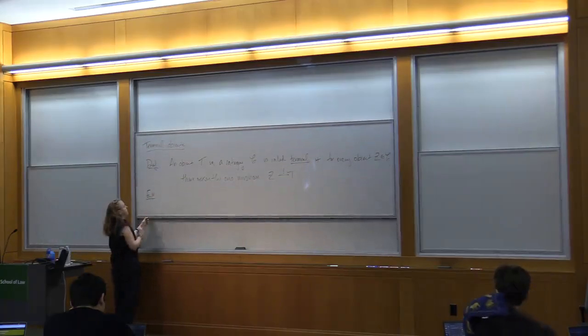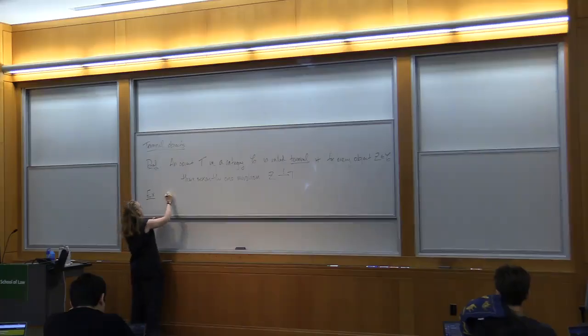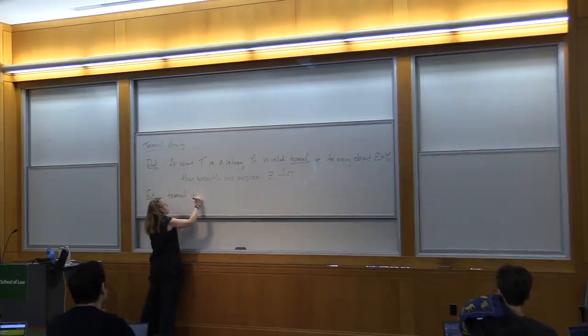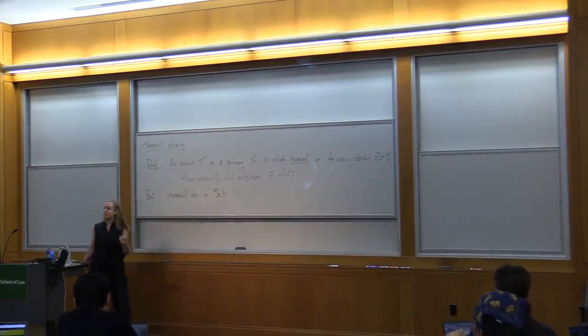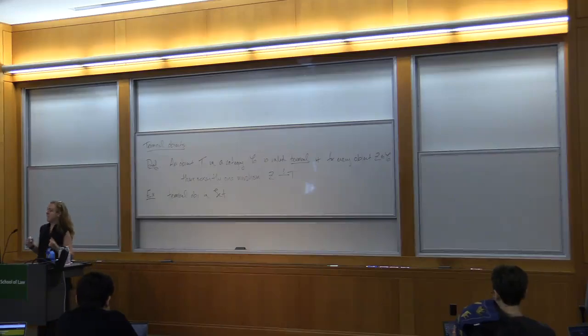Okay, so let's think about what this means. So here's an example. What's the terminal object in the category of sets? Yes, very close. That will come up later.